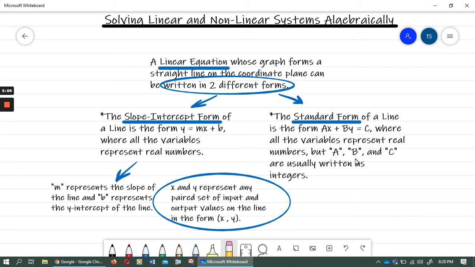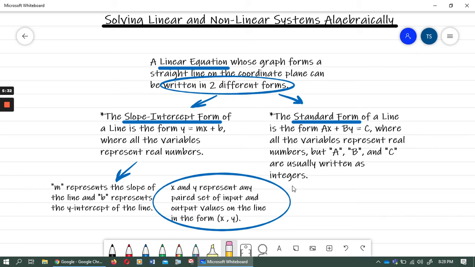It doesn't always have to be, but usually they are. You should remember what integers are: they include both positive and negative whole numbers, and the set of integers also includes 0.